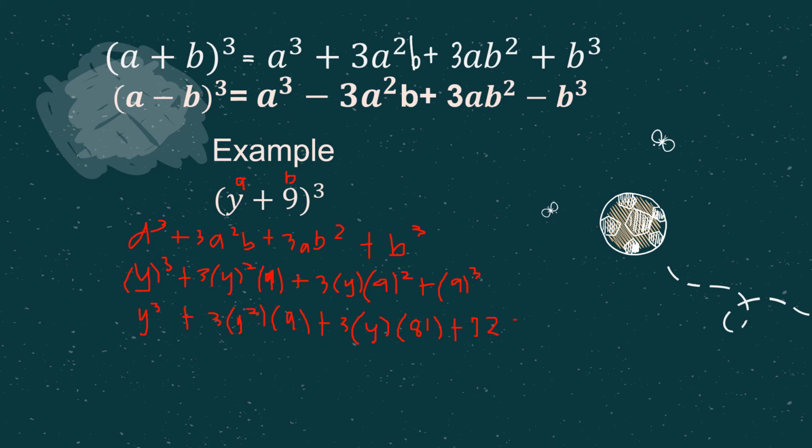Okay, so we have now, we continue simplifying. So this is y cubed plus 3 times y squared is 3y squared times 9, plus 3 times y is 3y times 81. So don't remove them from the parentheses unless you multiply them.